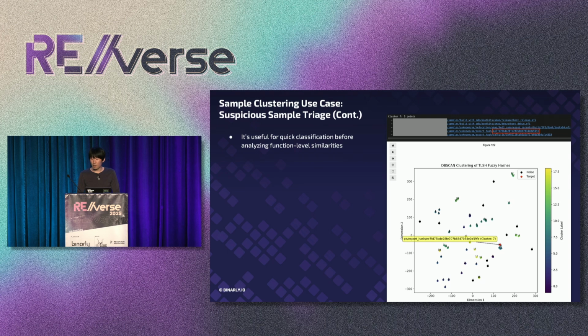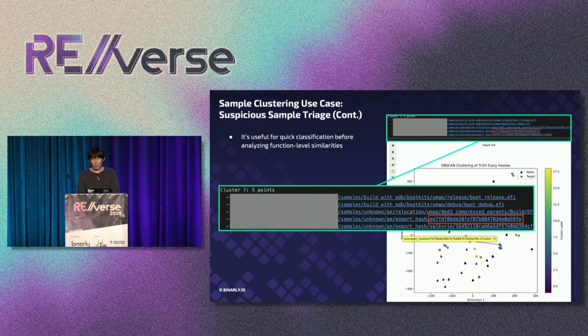This is the result visualized by MDS, multidimensional scaling. As you can see, the target sample belongs to cluster 7, the UMAP variance cluster, and the closest sample is Valkyrie. So we can compare the functions with the sample quickly, for example, using BinDiff or Diaphora.